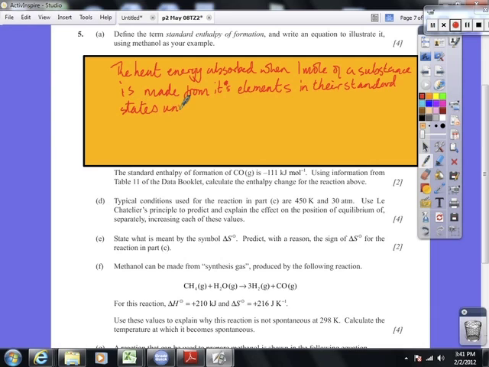Under standard conditions. Instead of writing under standard conditions, why not play it safe and say 298 Kelvin, 1 atmosphere pressure.